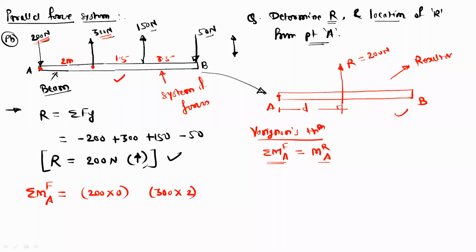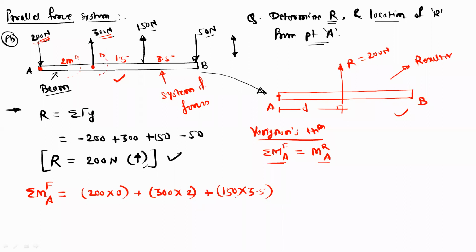And this moment, its sense of rotation about point A, it is in the anti-clockwise direction, because it will try to rotate the complete beam AB in the anti-clockwise rotation about point A. So this is positive. Next is 150 into distance is 2 plus 1.5. So this is 3.5. And again, this moment, it is in the anti-clockwise direction.